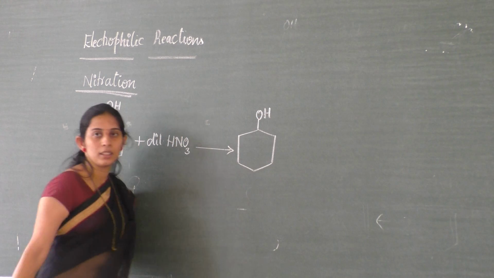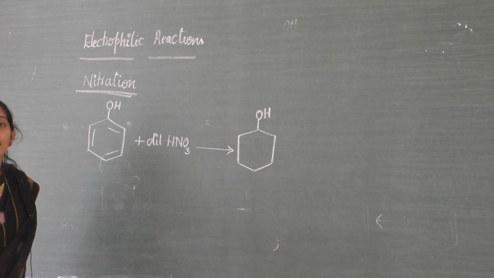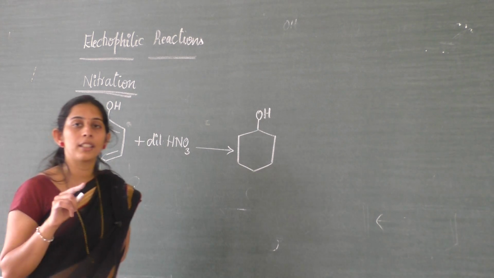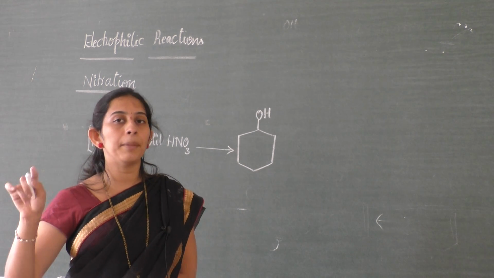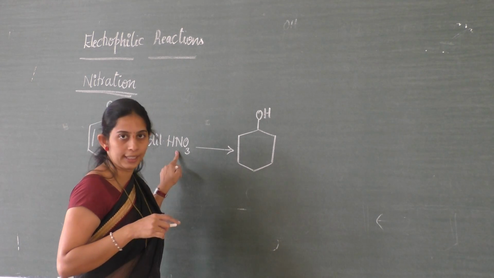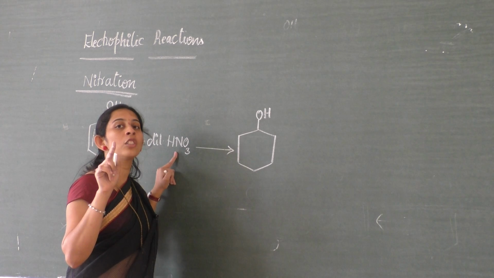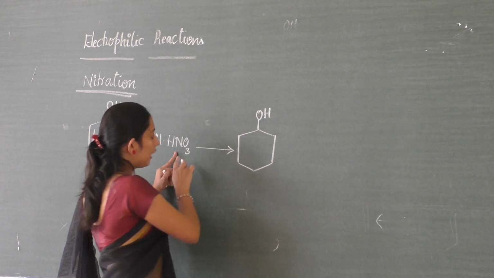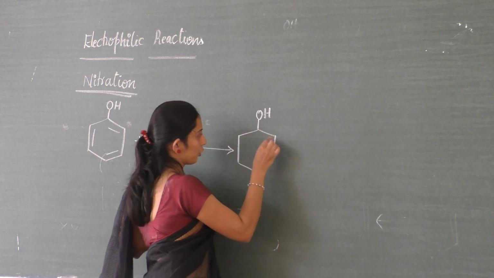We discussed that in resonance: in the resonance structure, we wrote that there is high electron density at the ortho and para positions. When you use dilute nitric acid, only one mono-substituted product will be formed. It's a dilute acid, therefore only one substitution.